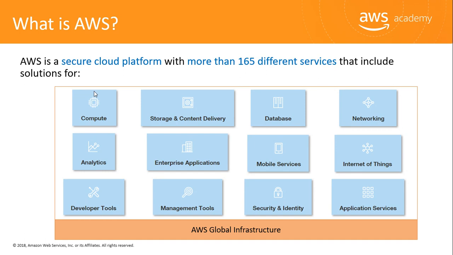Try to learn 3 to 5 services, or a maximum of 10, and go step by step. First, start with one service, become an expert in it, and when your confidence is high enough, move on to the next service.